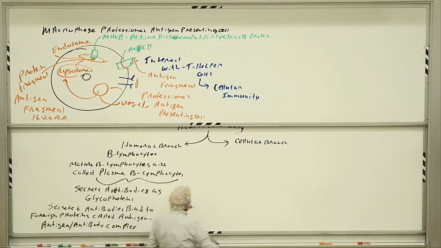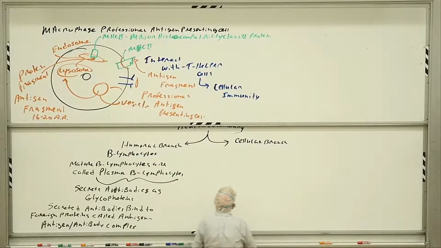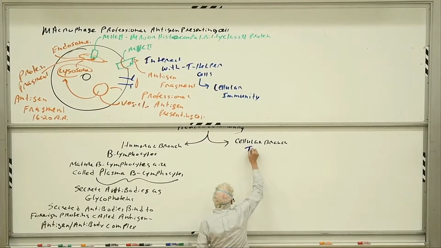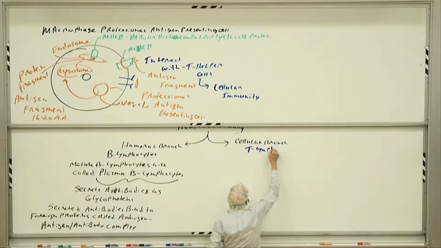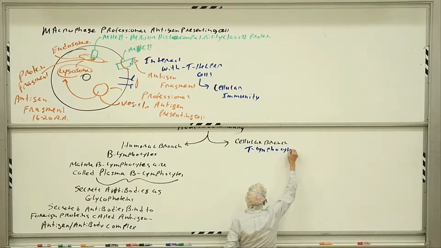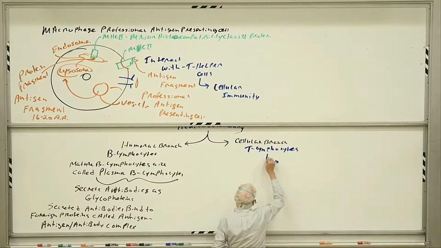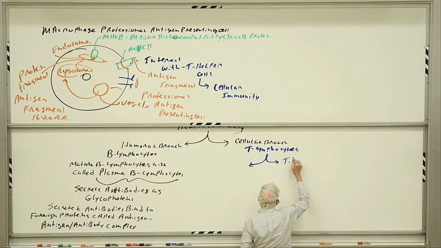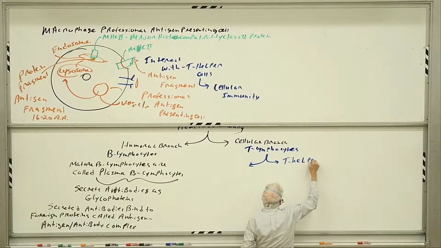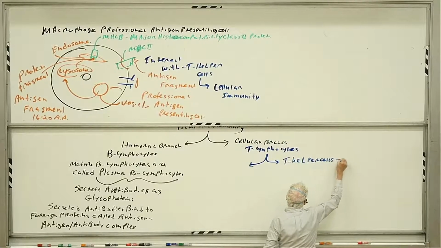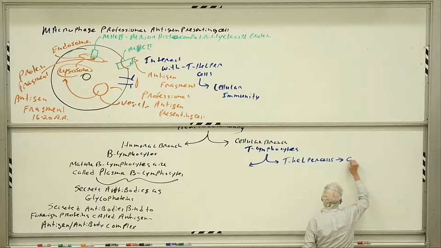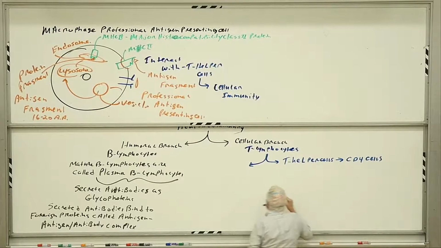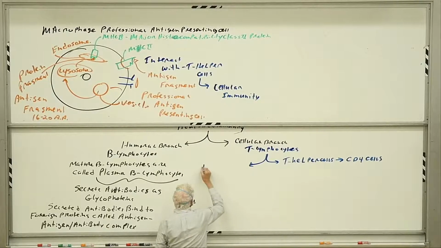The other branch of the immune system is the cellular branch. And in the cellular branch, there are T lymphocytes. T lymphocytes come as two forms. They come as T helper cells. These T helper cells are also known as CD4 cells. And they also come in the other variety of T killer cells.